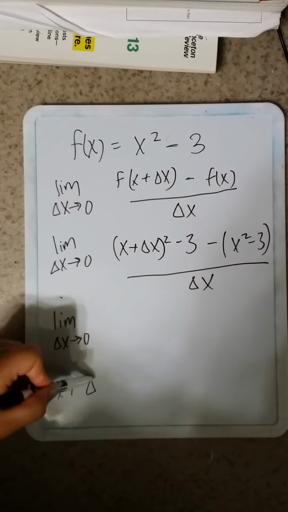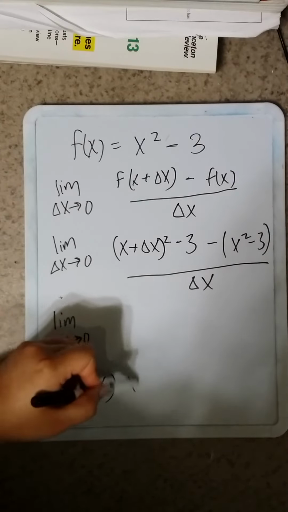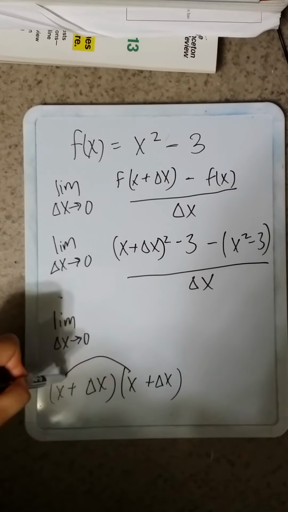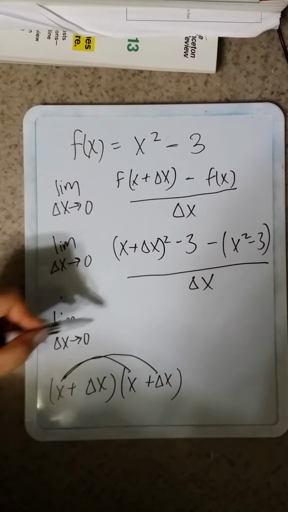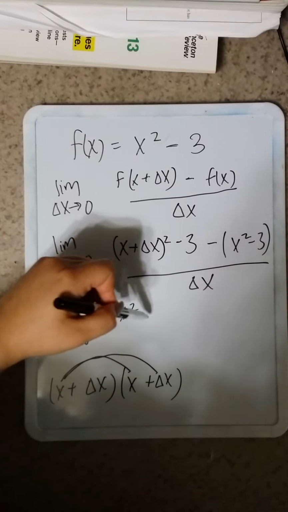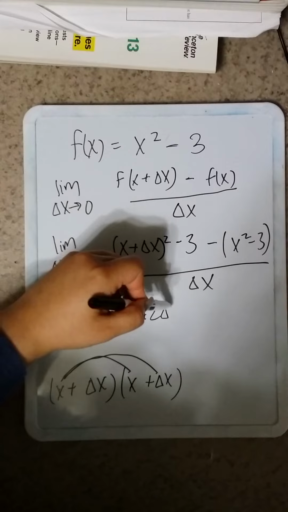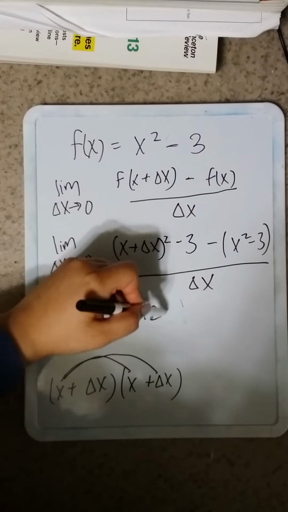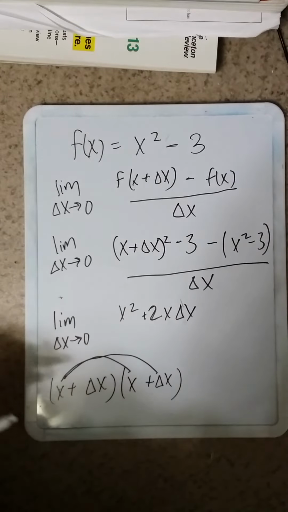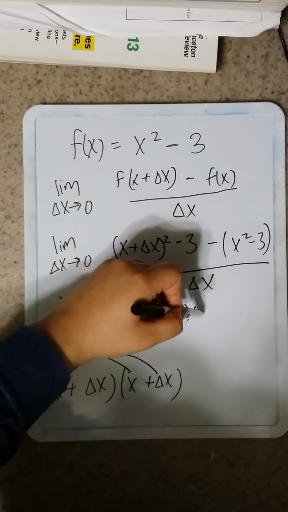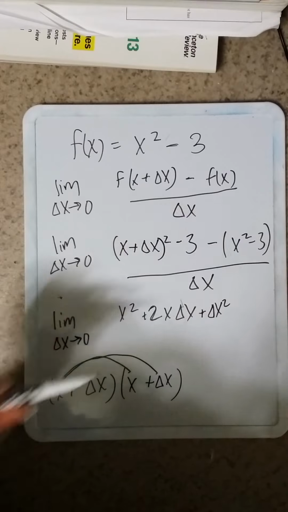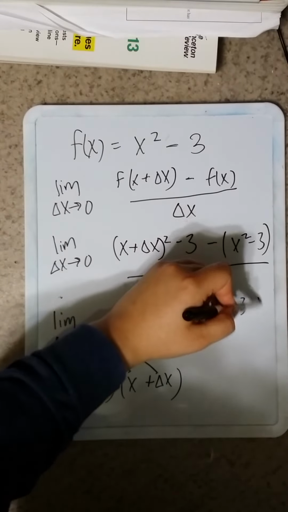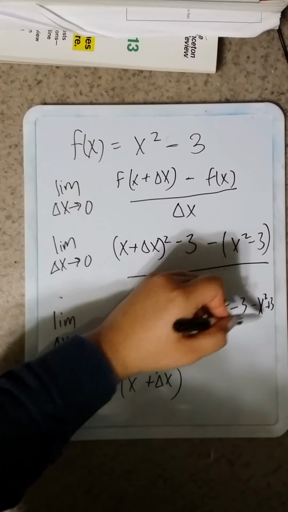You're going to get x squared plus 2 x change of x plus change of x squared, minus 3 minus x squared plus 3.